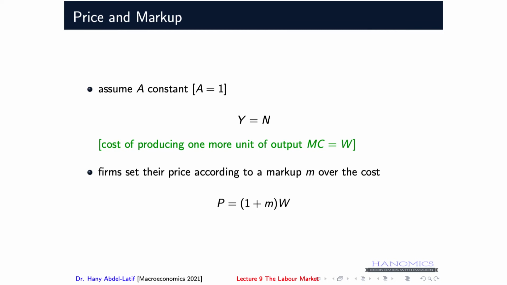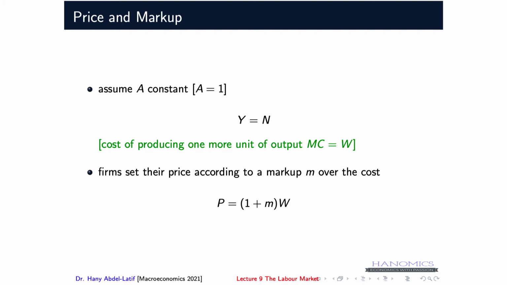Okay, which means if you want to increase output by 1 unit, you need to increase employment by 1 unit too. So in that sense, the marginal cost, from microeconomics you should understand what marginal cost means, this is the cost of the additional or extra unit of output, equals the wage.